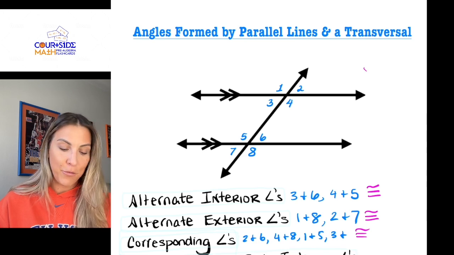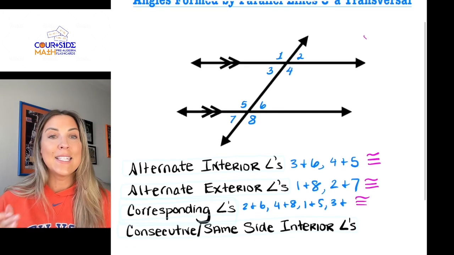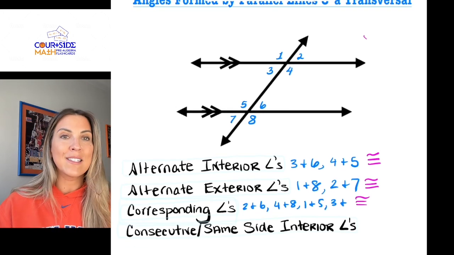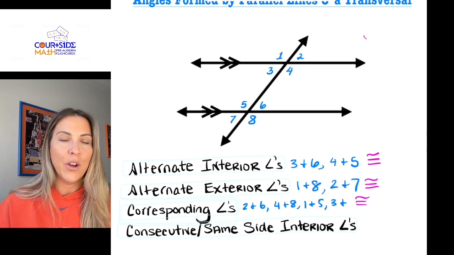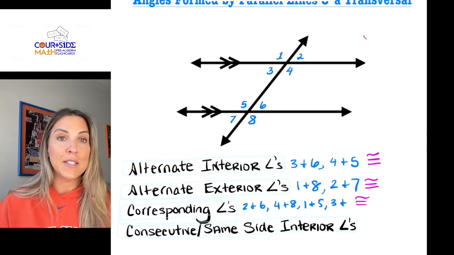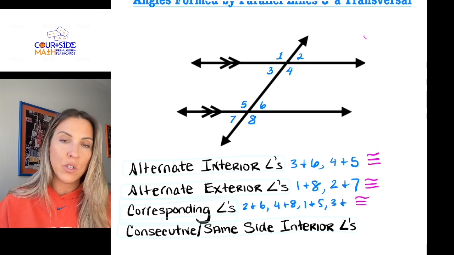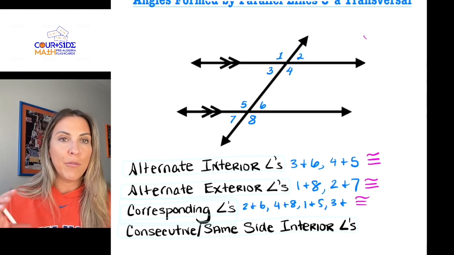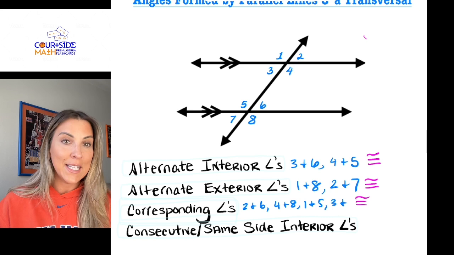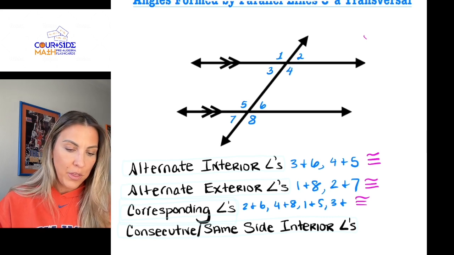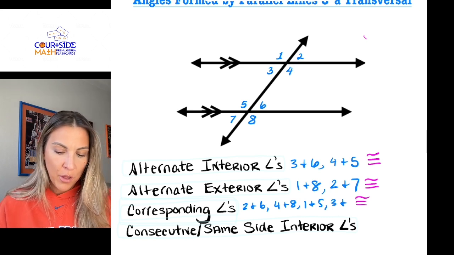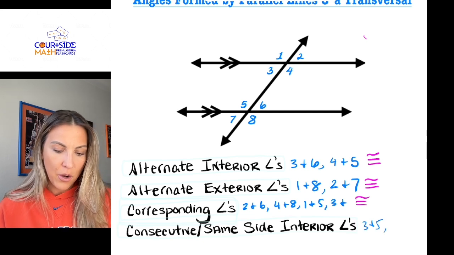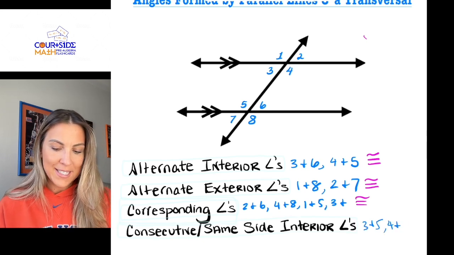And let's talk about the final relationship, which is consecutive interior angles or same side interior angles. You may hear it called one of those two things. This one is a little easier to understand. I'm talking about the same side of the transversal, and then interior, like we talked about before, those inside angles that are inside the parallel lines. So these angles are 3 and 5, and then also 4 and 6.